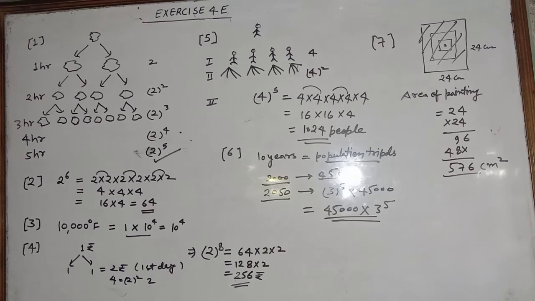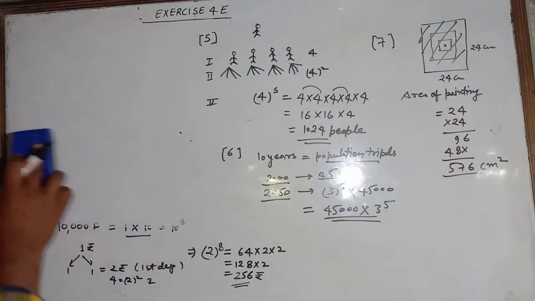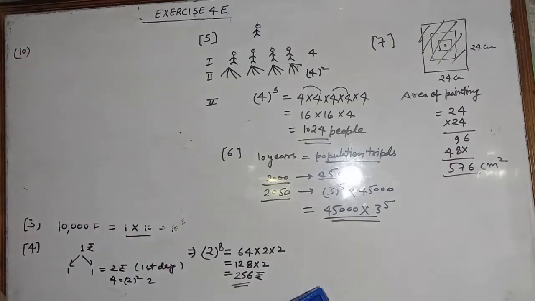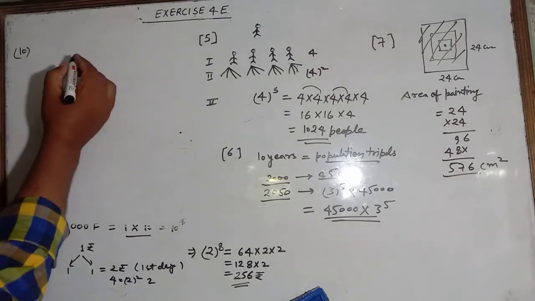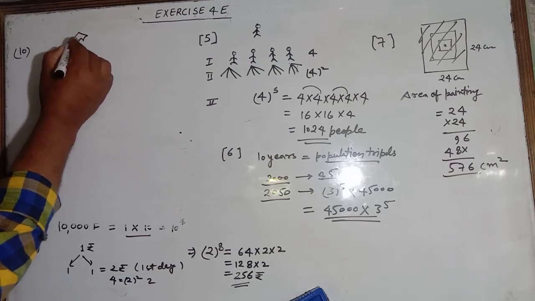Just see question number 10. Question number 10 is: bacteria can divide every 20 minutes. So one bacteria can multiply to 2 in 20 minutes. Here is a bacteria, like this one is our bacteria.